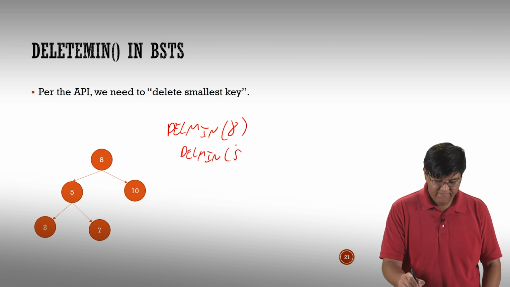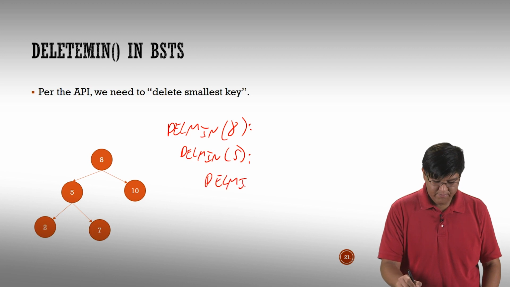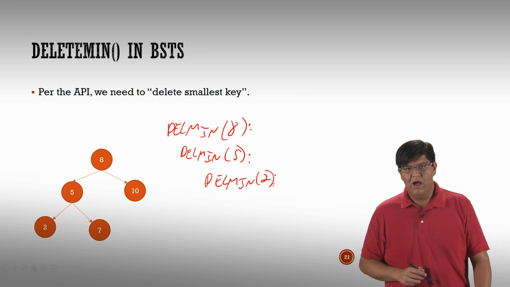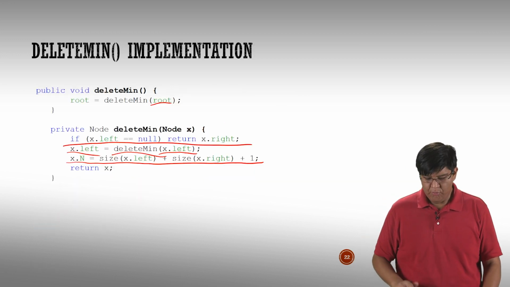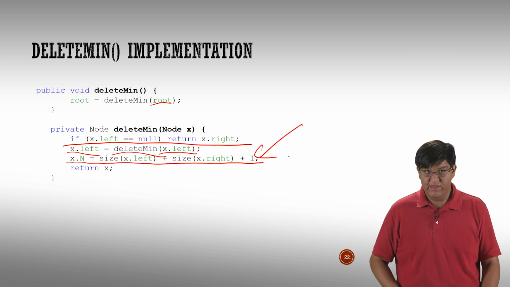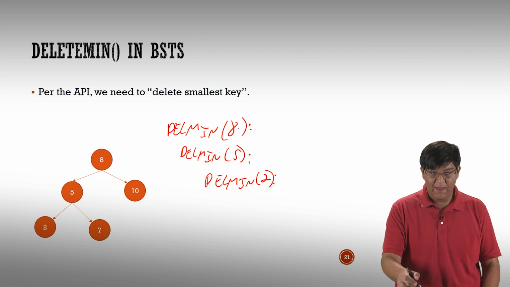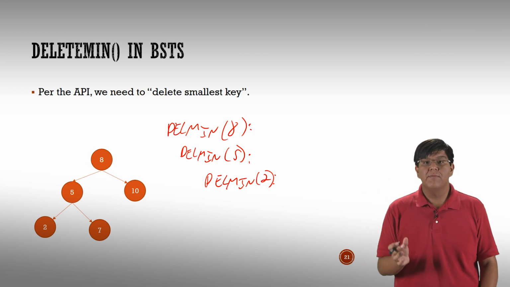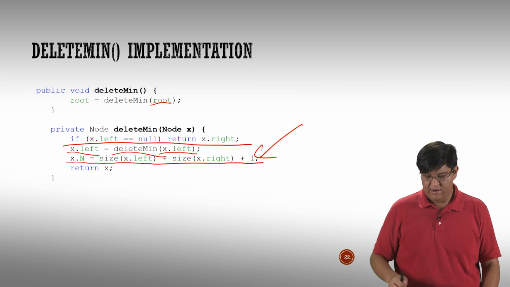On the way back up, these will all run this final line here. This is at the end of my function. If I think in terms of recursion, this call makes another call, another call, another call. I have nested calls. As they complete, they all have to run this last line.